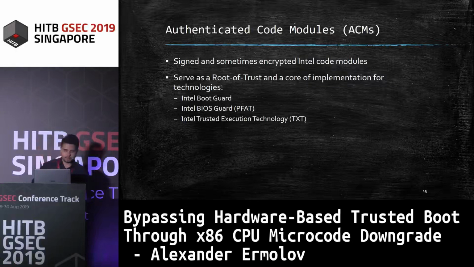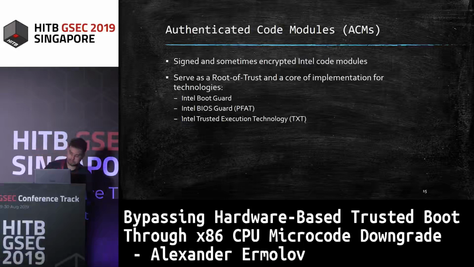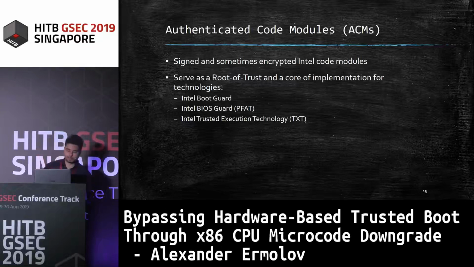The main thing is that this technology allows locking the SPI flash write access to the BIOS Guard ACM, and if it is enabled, only this ACM is capable of writing onto SPI flash memory. That's how the attack surface is reduced to a small blob, which is encrypted and signed by Intel.